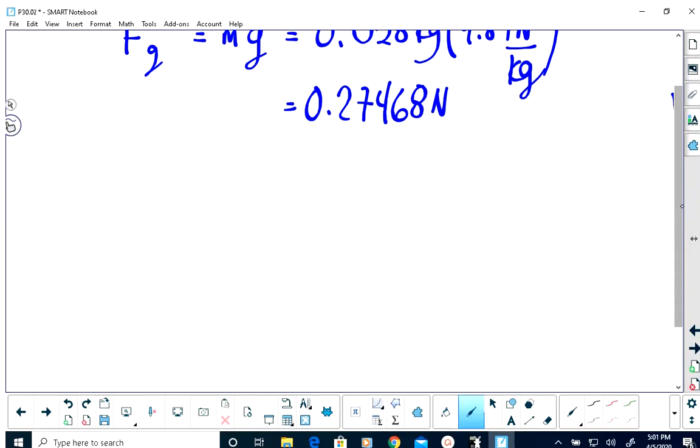So what we're dealing with here, I'm not going to draw the three-dimensional diagram. I'm just going to draw the end of the wire. This is the end of the wire. We're dealing with a magnetic force equal to 0.24149 newtons. I'll double check that number in a second.